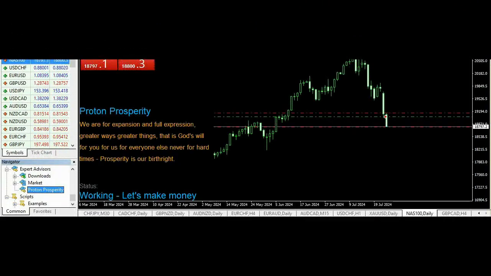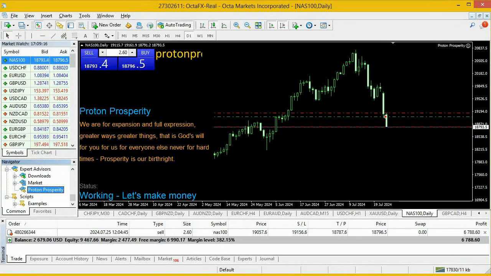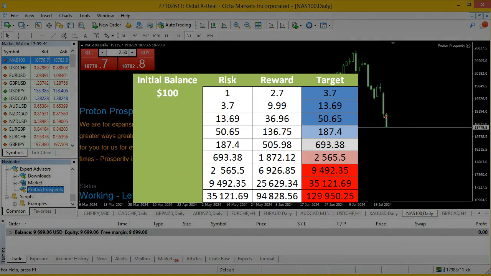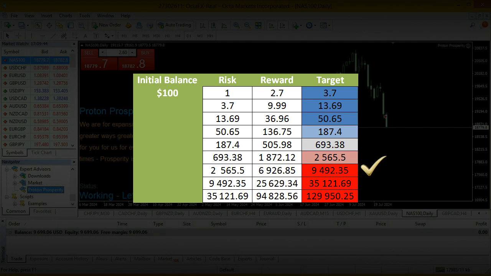And 5 hours 4 minutes into the trade, take profit triggered. Our take profit is triggered. As you can see, our balance is now $9,699. Now we are here.